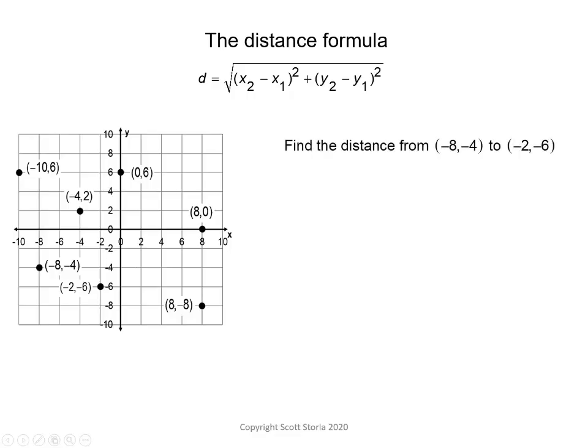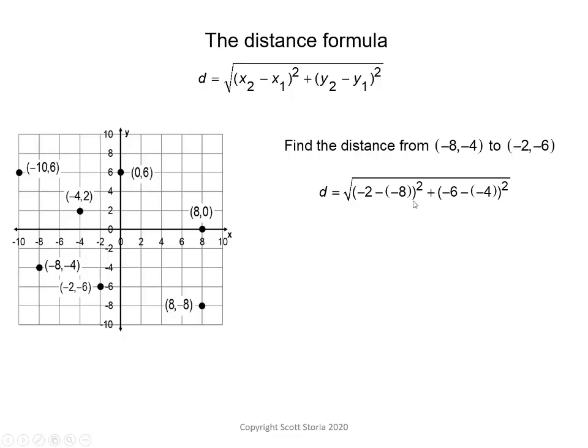And here's one more. Look at all those sign issues. I'm going to use -2 for my x2, -8 for my x1, -6 for my y2, -4 for my y1.